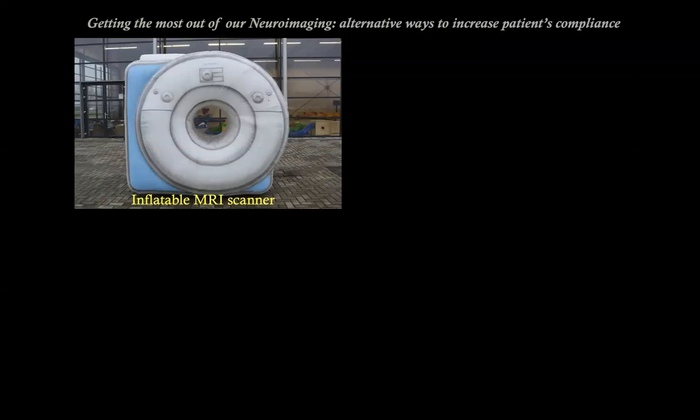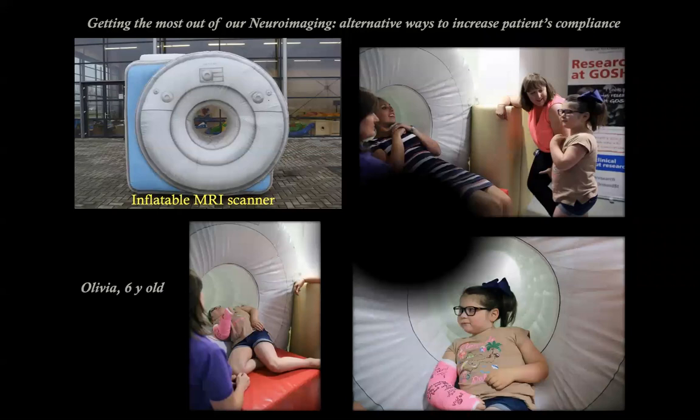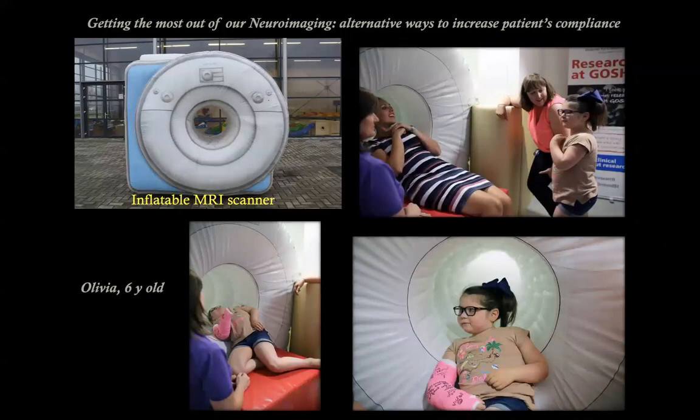We use also alternative methods to increase patients' compliance. This is an inflatable MRI scanner. This is Olivia. She gave us permission to use these images in the GOSH website and in our GOSH internal journal. And this is actually an inflatable MRI that costs, I think, £1,000, something like that, and has the same size of a real MR, and the air pumping into the inflatable scanner will simulate the noise of the MRI scanner.